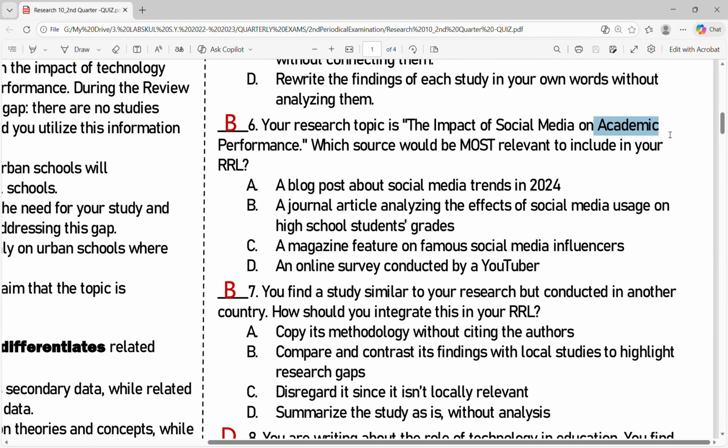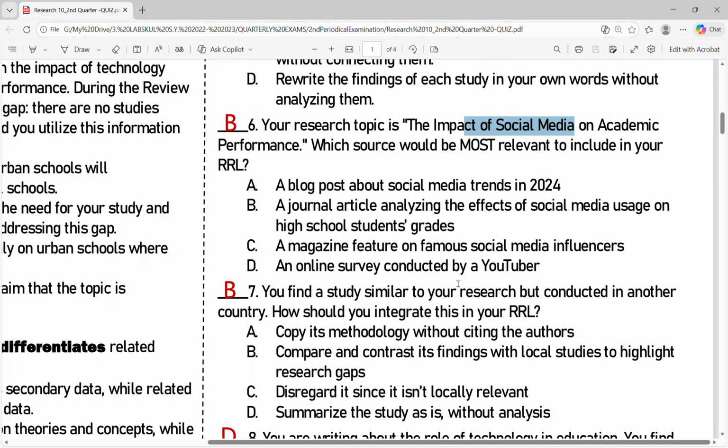So remember, academic performance usually entails the grades of the students. So social media influencers, although not all of them, but most of them are no longer in school. So, no, no. You are just looking at social media influencers, not the effect of social media itself.